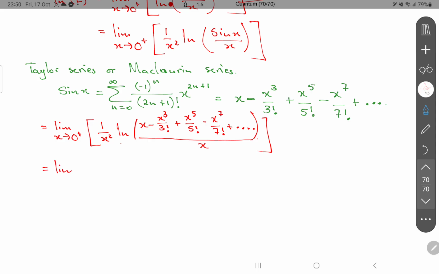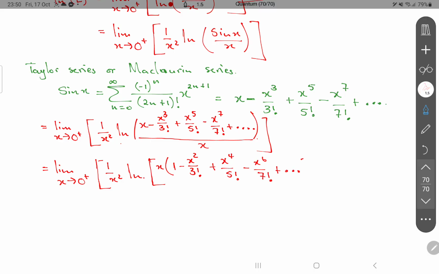So it's the limit as x approaches 0 of 1 over x squared, the natural logarithm of the square bracket 1 minus x squared over 3 factorial plus x to the power 4 over 5 factorial minus x to the power 6 over 7 factorial plus on and on, all over x.